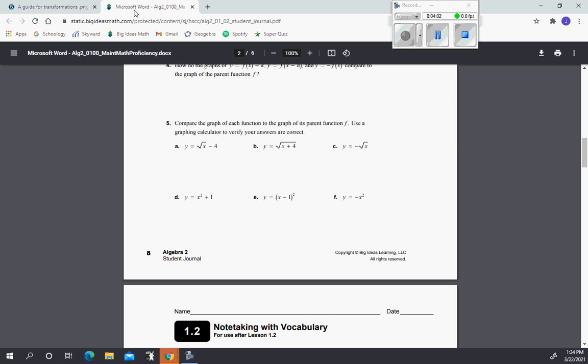All right, parts D, E, and F down here. What is our parent function? Well, they all have that squared. That's our quadratic function, x squared. That's what we'll be working with in parts D, E, and F. So, this first one, we have y equals x squared plus 1.